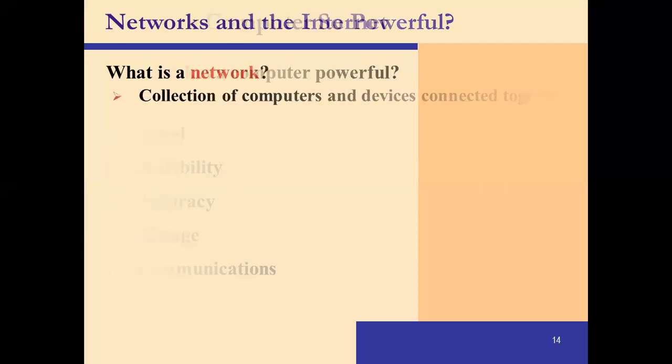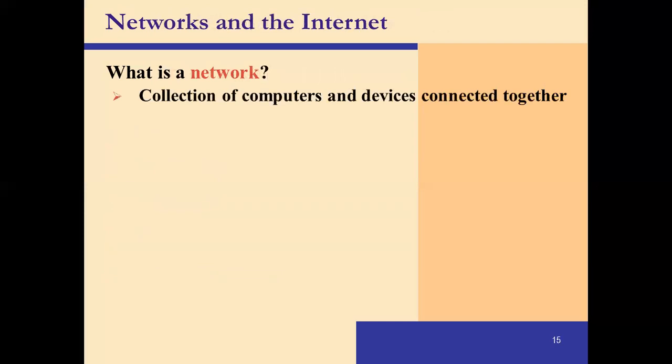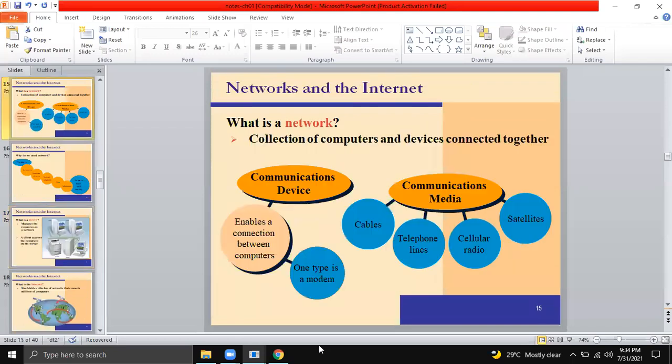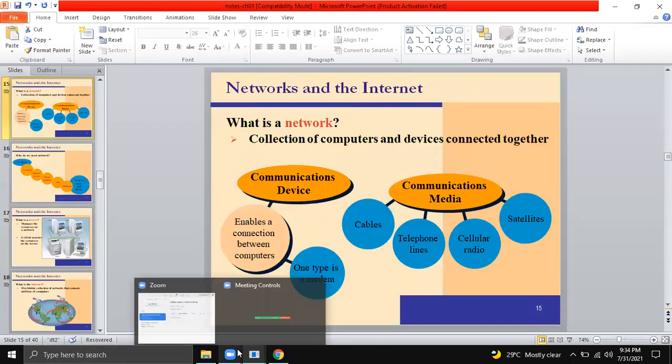Network, a collection of computers and devices connected together. That is a computational definition of a network. What do you think the word network means? Both of you, what do you think network means?